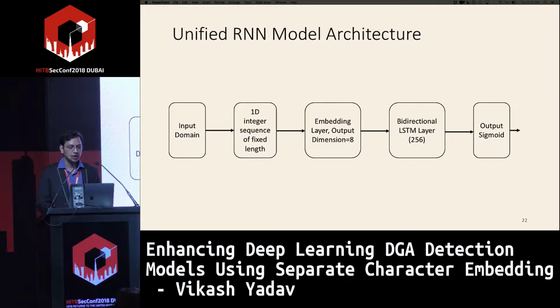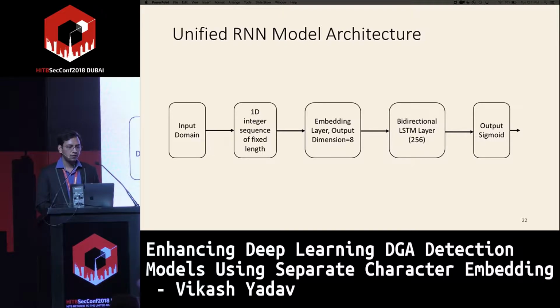It then passes through an LSTM layer, which is going to remember which sequences of characters are for normal good domains versus which are for DGA bad domains. And the output is a number between 0 and 1, which represents the probability of the input domain being DGA. The higher the number, the more probable that domain is a DGA. So we train this model on our data.